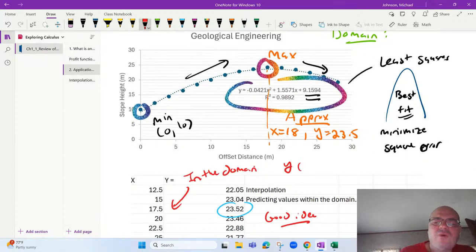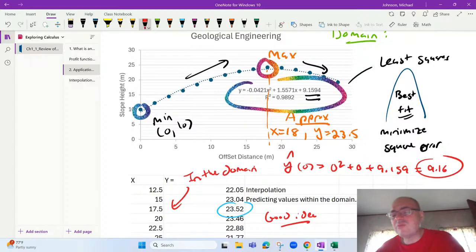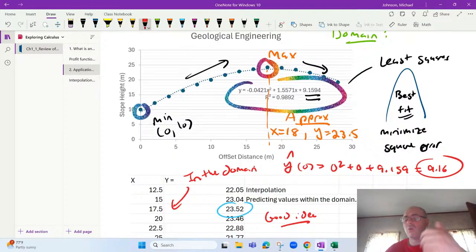When I plug in 0 and make a prediction, 0 squared is 0, but I'll have a 9.159, which is basically 9.16. So the difference in models: one gave us a y of 10 at the minimum. Our model, based on the fit of our graph, even goes lower than that and predicts y to be 9.16 when x equals 0.